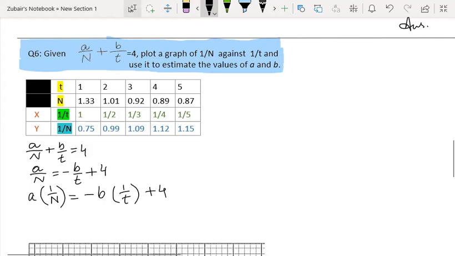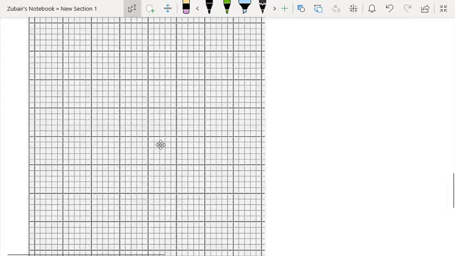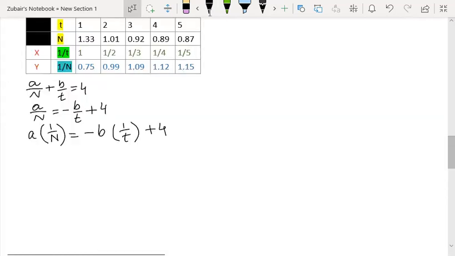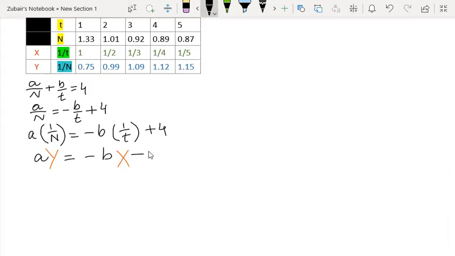So here, now we can show that this is basically y and this is x. So a y is equal to minus b x plus 4.